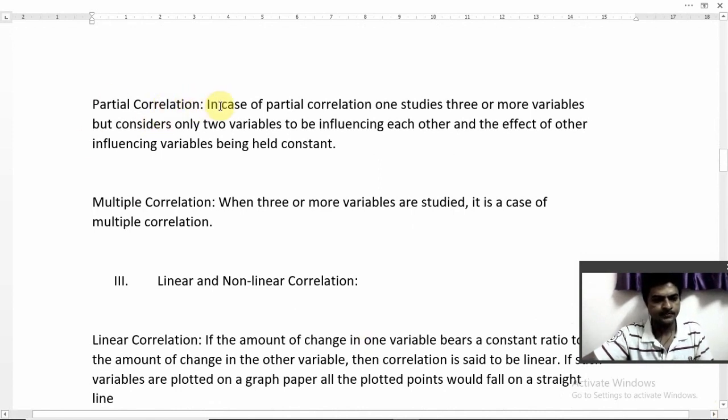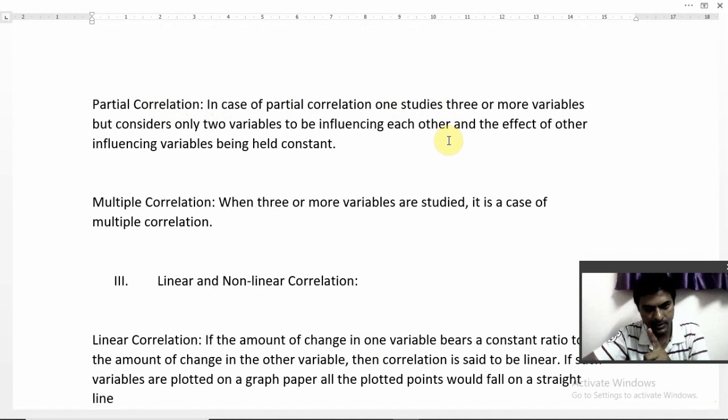partial correlation. In case of partial correlation, one studies three or more variables, but considers only two variables to be influencing each other, and the effect of other influencing variables being held constant.